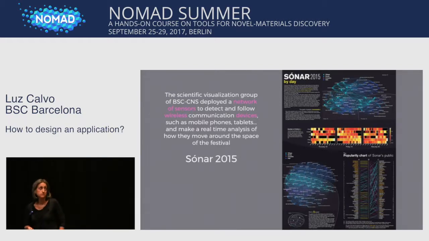Sonar is a music festival in Barcelona, and BSc wanted to show what was the activity between stages and which stages had more success or more activity. They decided to use this kind of graphs full of nodes and links, and especially this one, that is like a heat map.